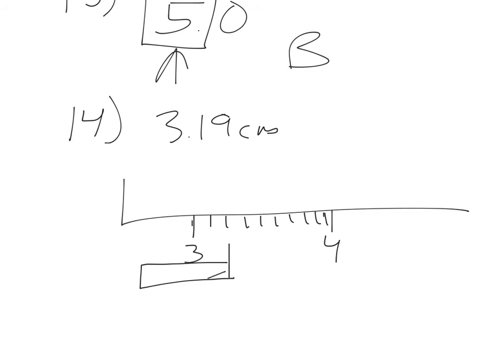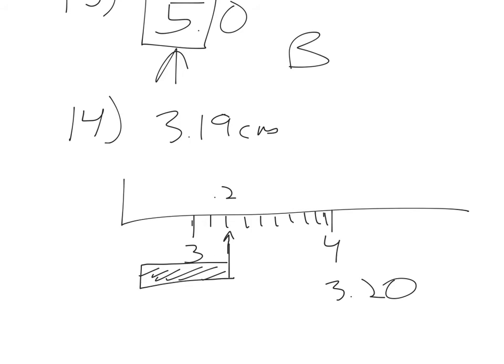So let's say I drew an object like this that looks like it lines up perfectly. Well, if I'd drawn it better, it would look like it lined up perfectly with 3.2. Now again with this ruler, since that's the 0.2, that is certain, right? More or less. So we can guess one further than that. We could say 3.20.